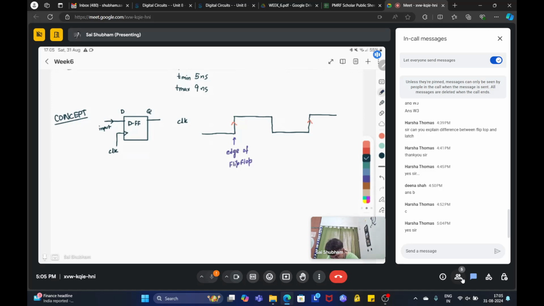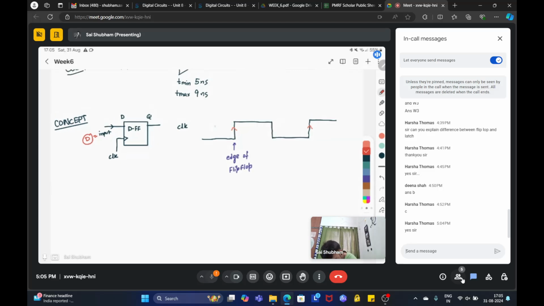For the flip-flop to register a data D, suppose my input is some data D, and I want the flip-flop to register it, then that data should be available some time before this edge. So minimum this much is the time before which your data D should be available.